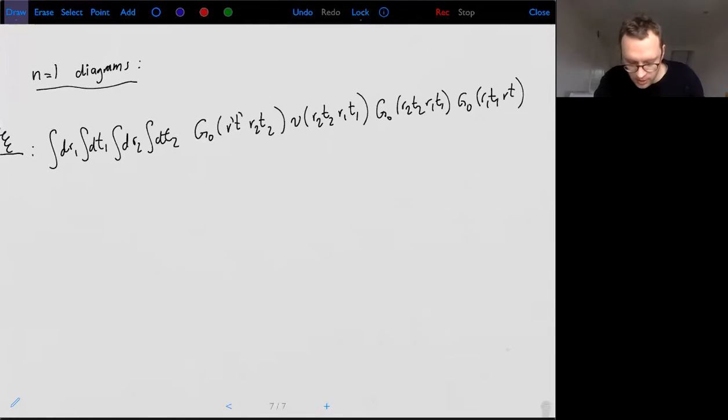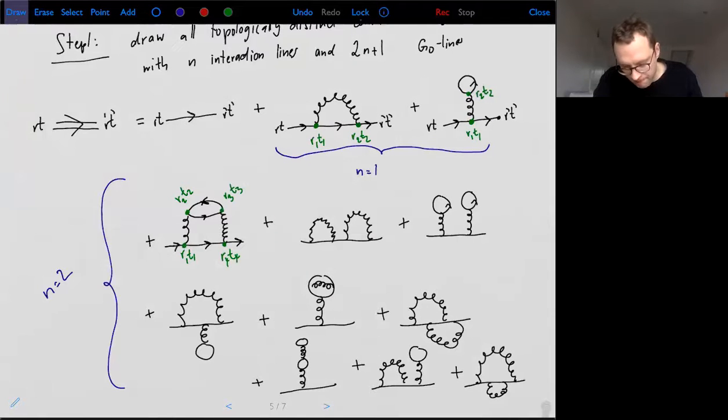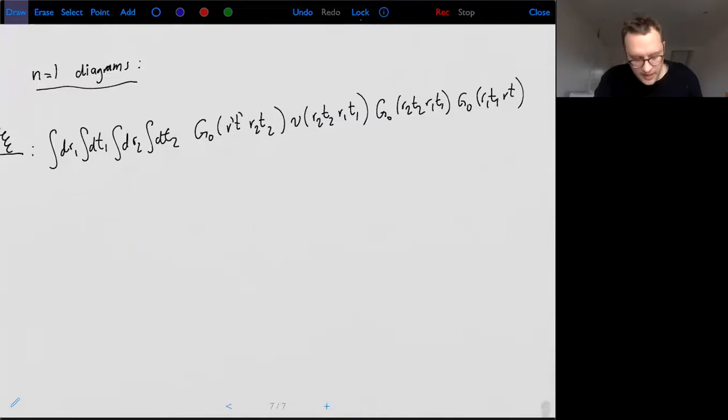Basically I've just written down as a product these 3 Green's functions and 1 interaction, being careful to use precisely the right position and time arguments in these expressions, and then I integrate over the internal points.